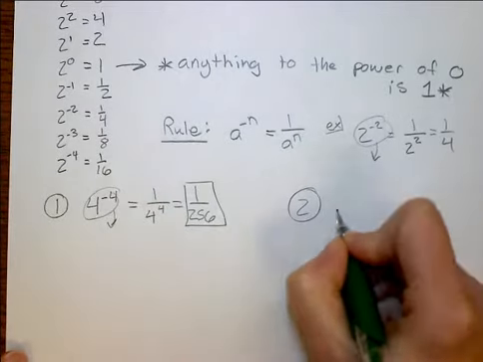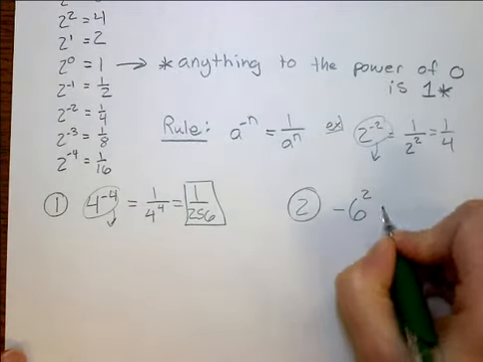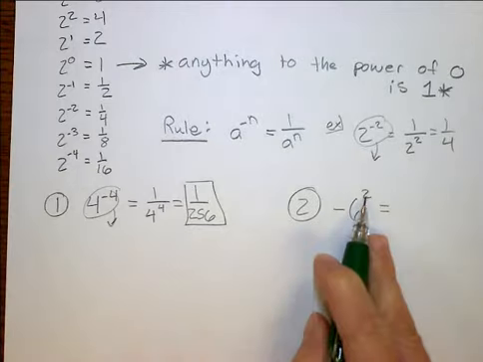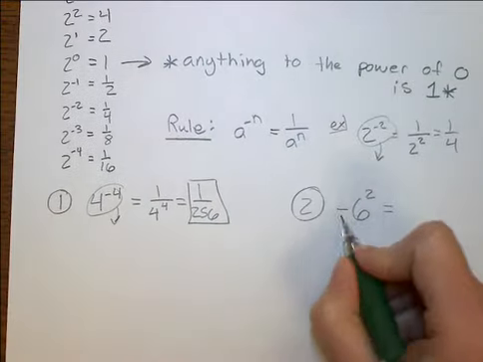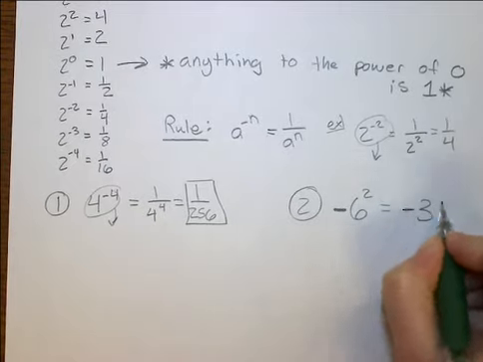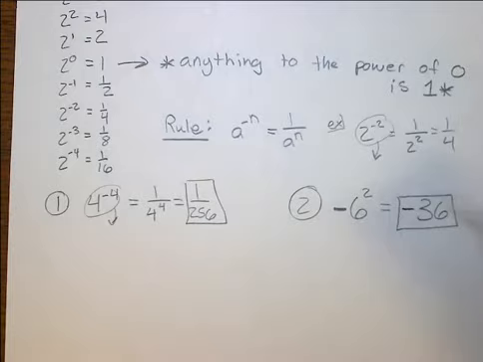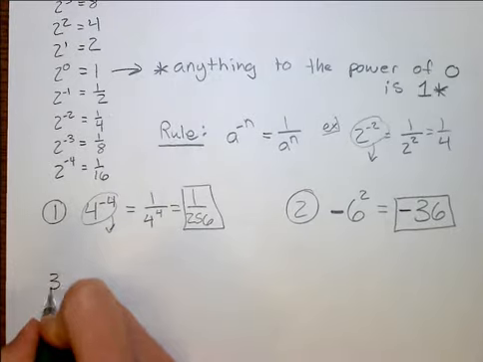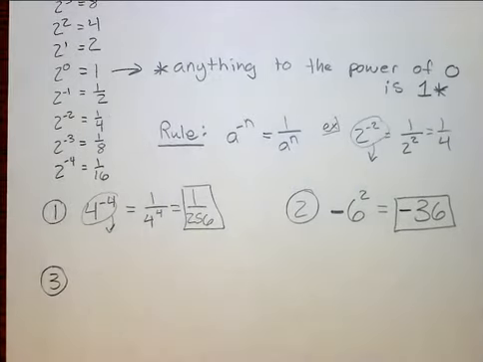Okay, here's a second example. We have -6 squared. Let's think about what this is. Actually, there's no negative exponent, so we don't have to move anything up or down. We know what 6 squared is. That's 6 times 6, which is 36. This negative out front has nothing to do with the exponent, so we just keep it: -36. And let's look at this, and we're kind of contrasting numbers 2 and 3 here.